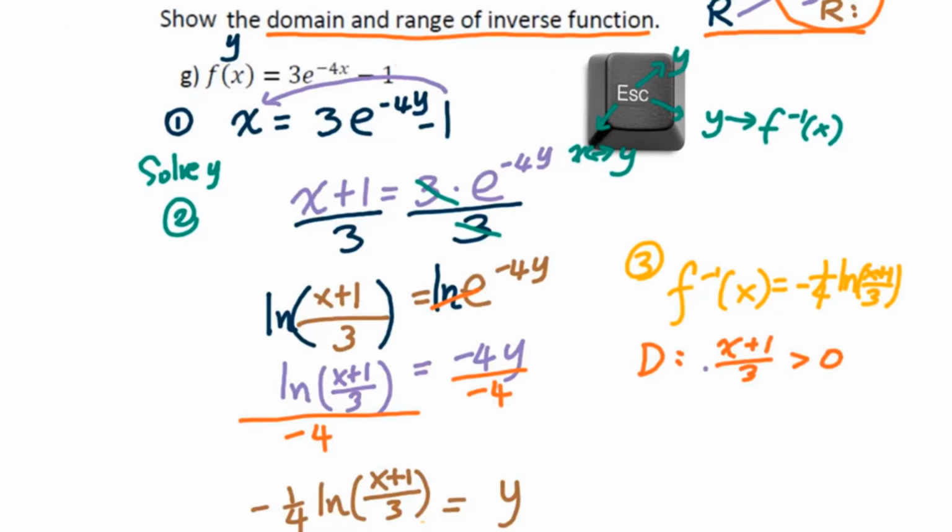We solve this inequality: multiply by 3 on both sides, you get x plus 1 greater than 0. Subtract 1 from both sides, we get x greater than negative 1. That's the domain for this inverse function. The range will be all real numbers.